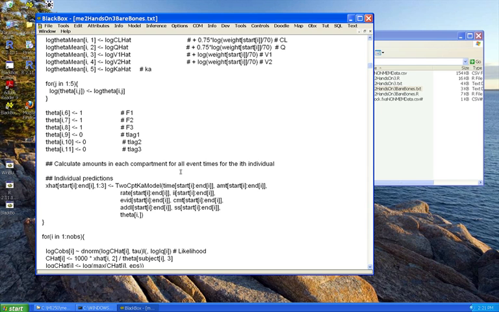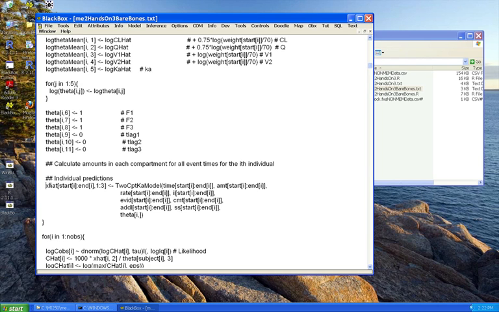In particular, since we're going to be dealing with plasma concentrations, we're then going to be assuming that the amount in the second compartment divided by the volume of that compartment will then be our predictor of the plasma concentrations. But we haven't done that yet. Okay, but here we've got the amounts.